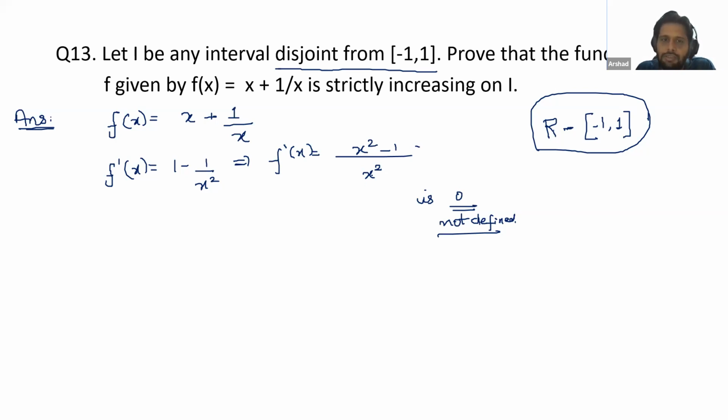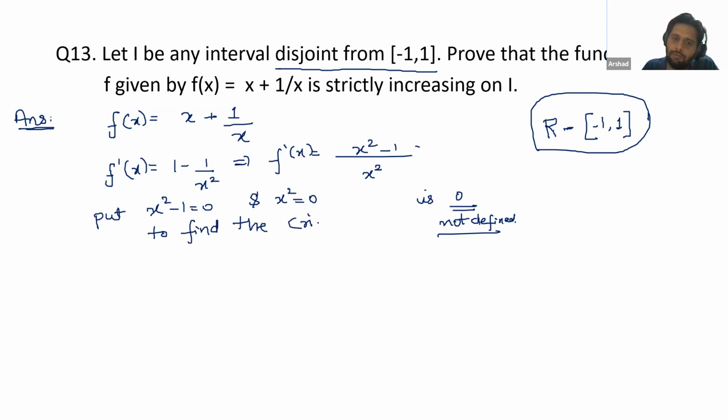Please don't miss the denominator, because if you equate the denominator with zero, f dash does not exist, and this is the definition of critical points. So we put x squared minus 1 equal to 0 and x squared equal to 0 to find the critical points. Is it clear? Rifat, Fahad, Abdul, and Zad.